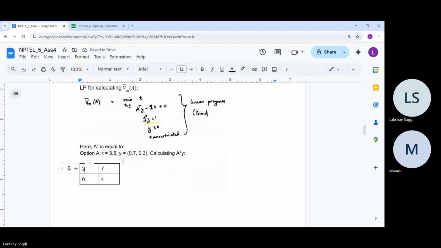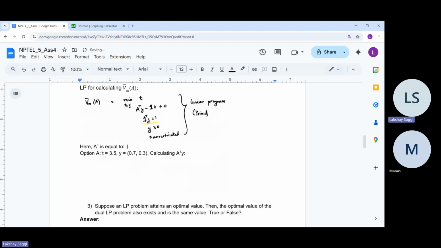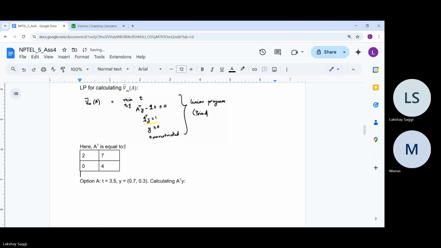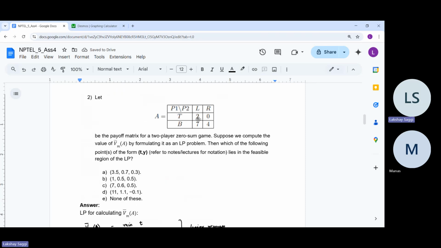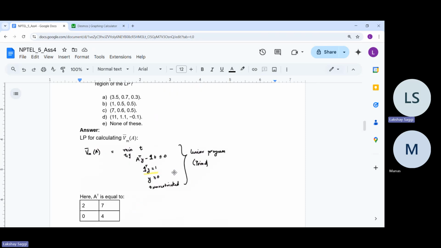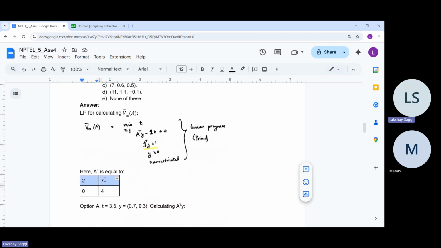This is the matrix A transpose. And how did I obtain this matrix? I was given the matrix A, whose first row is 2, 0 and second row is 7, 4. And how do we take the transpose of a matrix? We just replace the rows by columns and columns by rows. So 2 comma 7 will be the first row, 0 comma 4 will be the second row. And this is what we get.